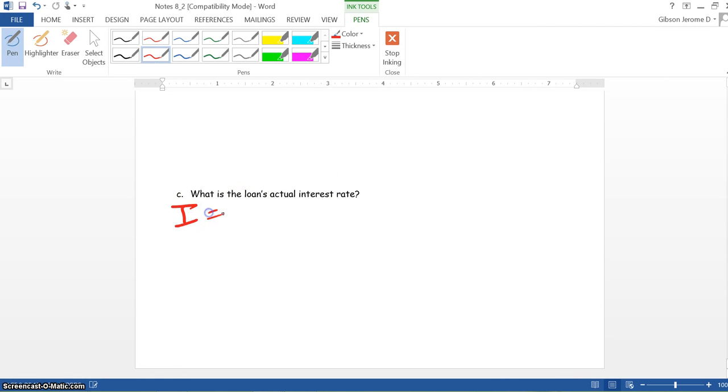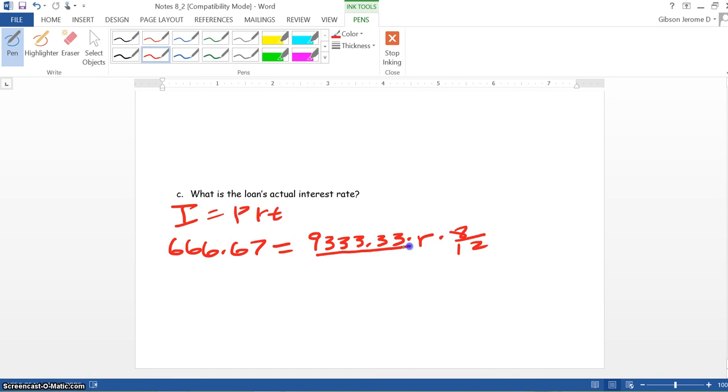So we know we'll do interest is equal to principal times rate times time. Now our interest we already discovered was $666.67. Our principal, we know we will use the discounted principal, which would be $9,333.33. We don't know what the rate is, but we know the time is 8 over 12, 8 months out of 12. Now we could put a 1 under here, and then we can multiply.